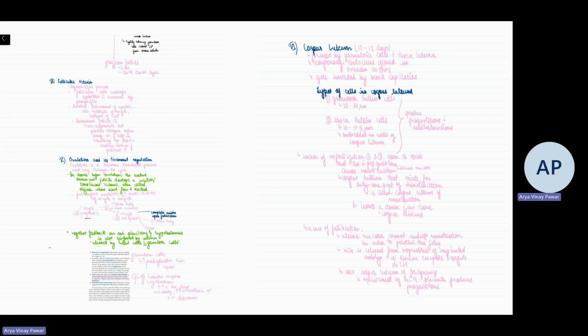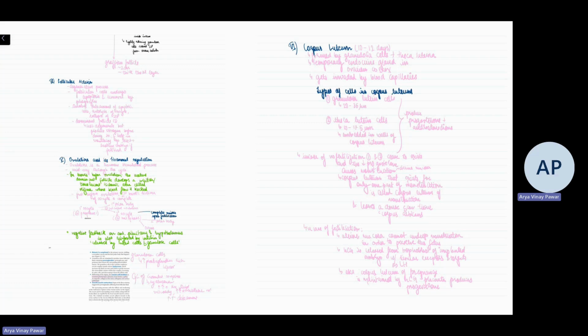So we have two kinds of cells. The granulosa cells are now called granulosa lutein cells, and theca interna cells are called theca lutein cells, which produce progesterone and estrogen respectively. It's written androstenedione, but later gets converted to estradiol and forms estrogen.